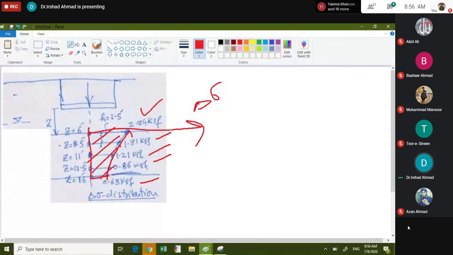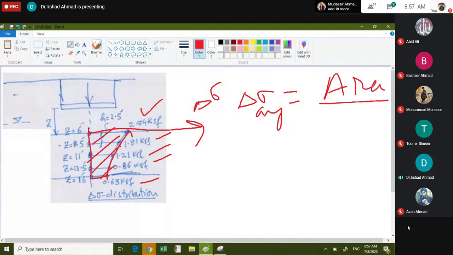This area. First you find this area, right? And then delta sigma average would be equal to area divided by thickness, this thickness h, which is equal to, in this case, 10 feet.